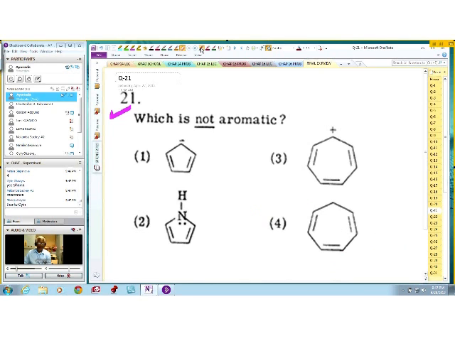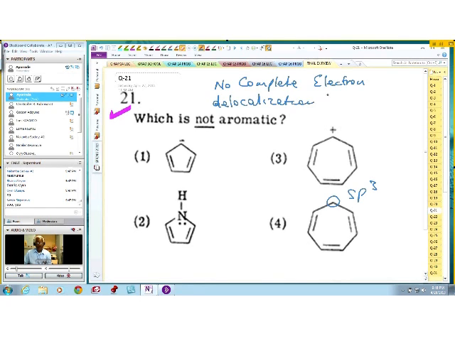But if you look at this carbon here, this is an sp3 carbon. So therefore, this ring system here, there is no complete conjugation, no complete electron delocalization within the cyclic system.